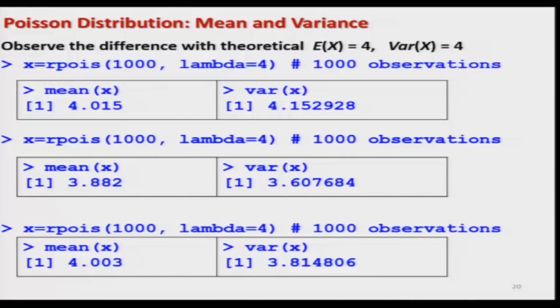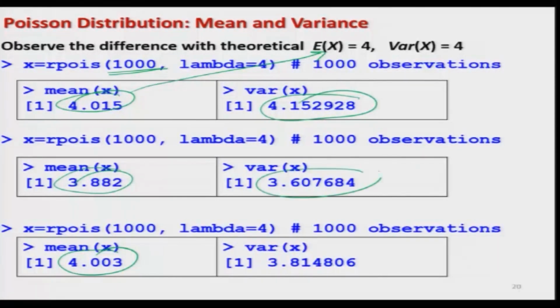Now in case you increase the number of observations from say 10 to 1000, then you can see the mean values are coming out to be 4.01, 3.8, 4.0, and they are closer to the true theoretical mean 4. Similarly, the variance comes out to be 4.15, 3.60, 3.81, which is now closer to 4.